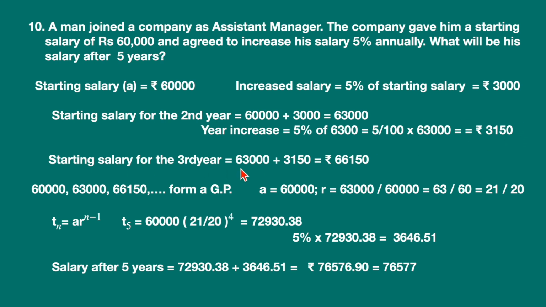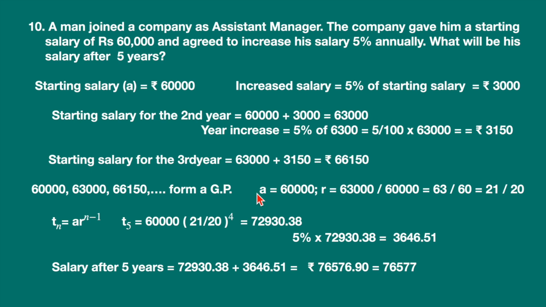So here you have to add it to his salary. To the second year salary, you should add this increase, and this will be his salary for the third year. So you can see every year his salary, first it was 60,000, it became 63,000, then it became 66,150. So this forms a GP, a geometric progression.